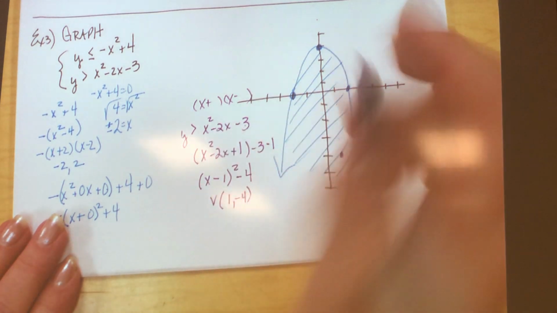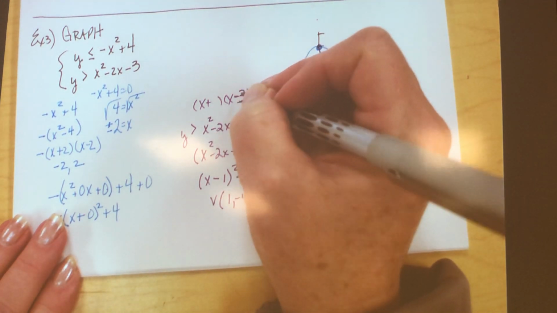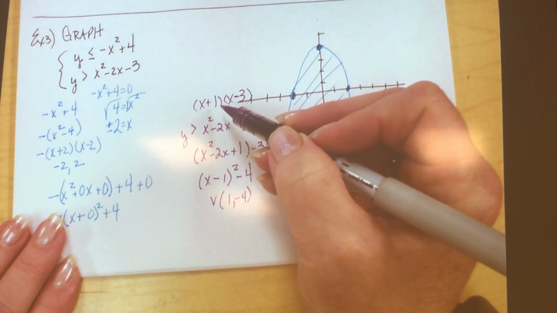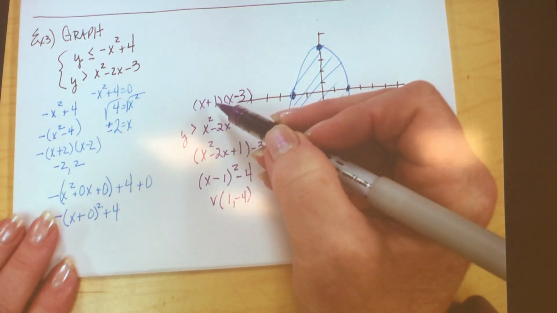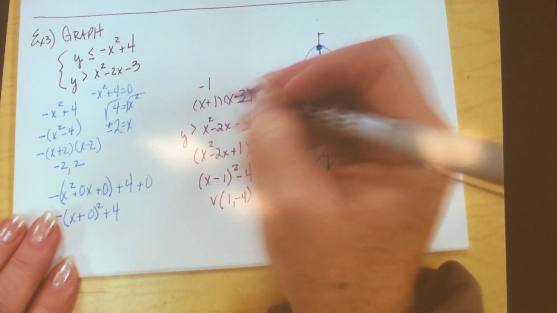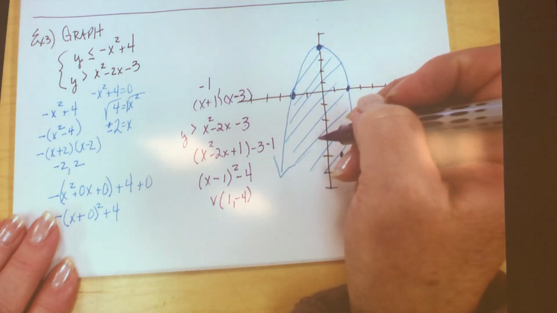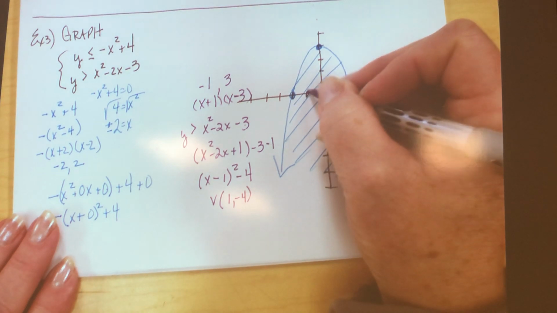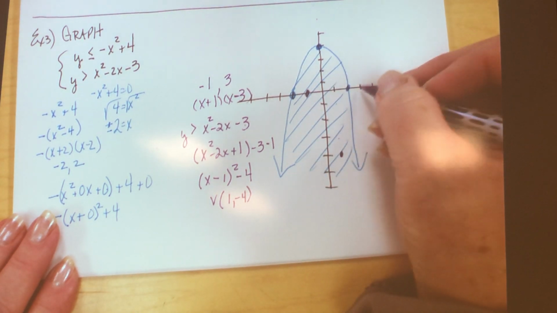And I want a -2, so I'm going to put my 3 by the minus sign and my 1 by the positive. If x plus 1 is the factor, what's the root? -1. If x minus 3 is the factor, what's the root? Okay, so at -1 and positive 3.